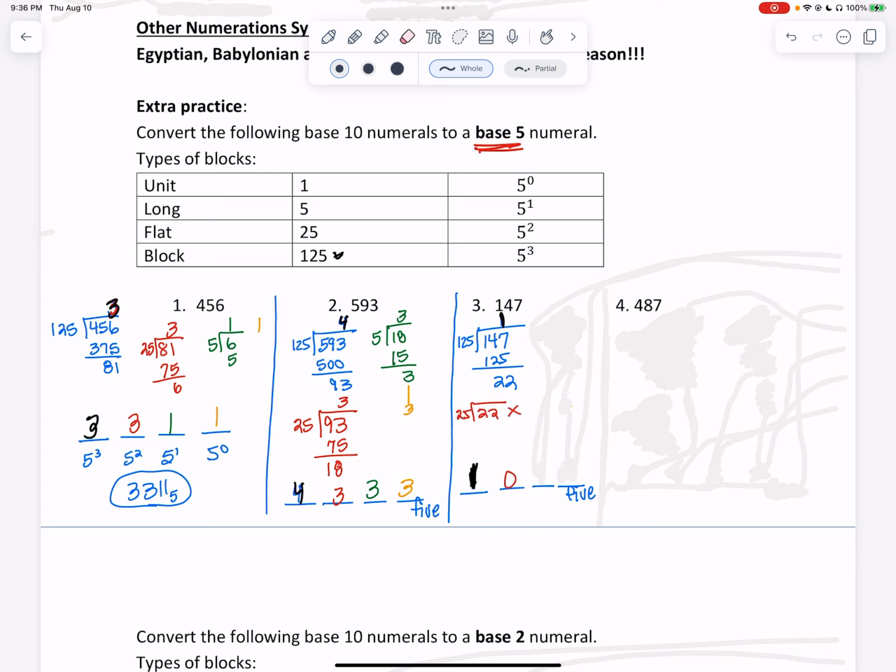So my next division: I've got 22. Notice I have 22. 25 doesn't go into 22, so that one doesn't work. So I put a 0 in that spot. I still take the 22, but this time, what am I dividing it by? I'm going to be dividing it by the next one up, which is that 5, right?